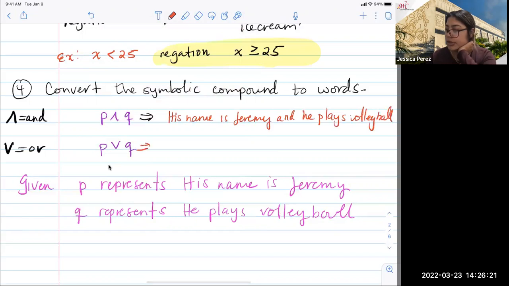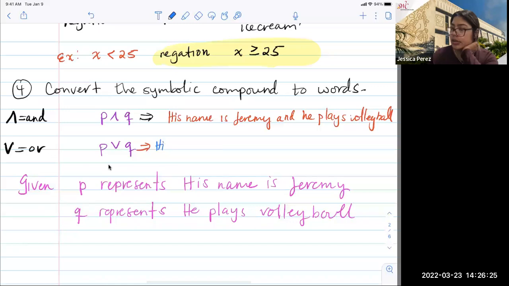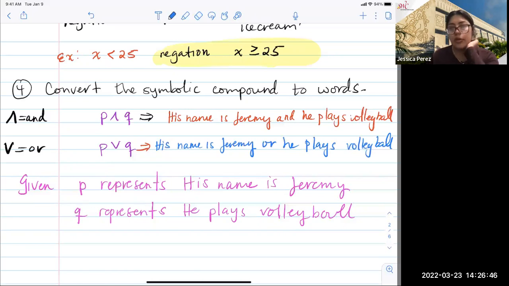Versus the next one is an or: his name is Jeremy or he plays volleyball.